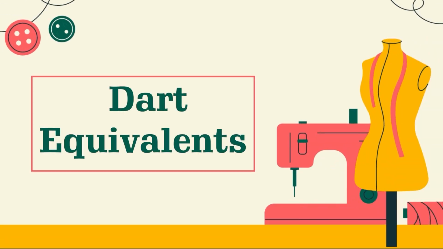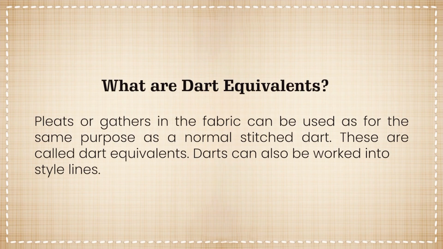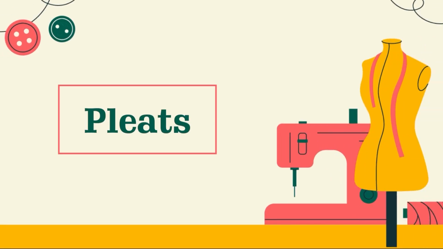Let's talk about the other dart equivalents. Now, pleats or gathers in the fabric can be used for the same purpose as the normal stitched darts. These are called dart equivalents. And darts can also be worked into style lines. Let's discuss pleats.